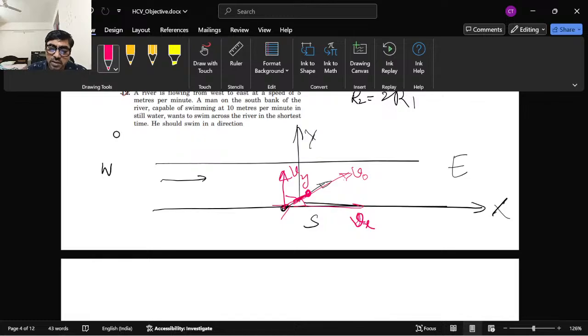Alright, but river is also going with u velocity. River will push him with u velocity. Only because of swimming, Vx, Vy. Because of the river push, u extra. So the net velocity in x direction will be Vx plus u.